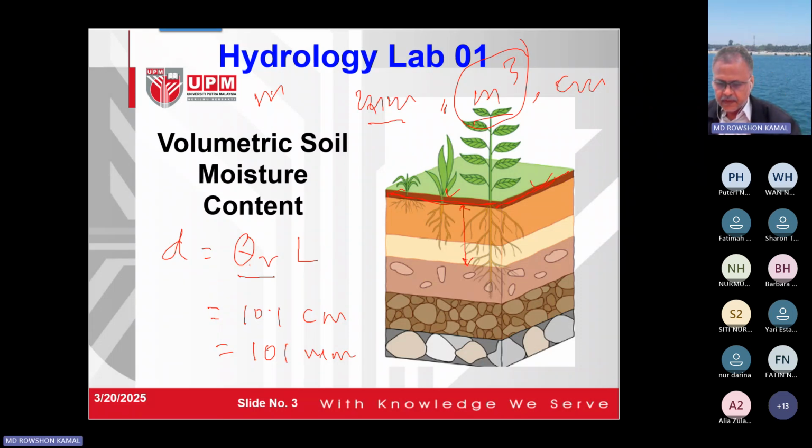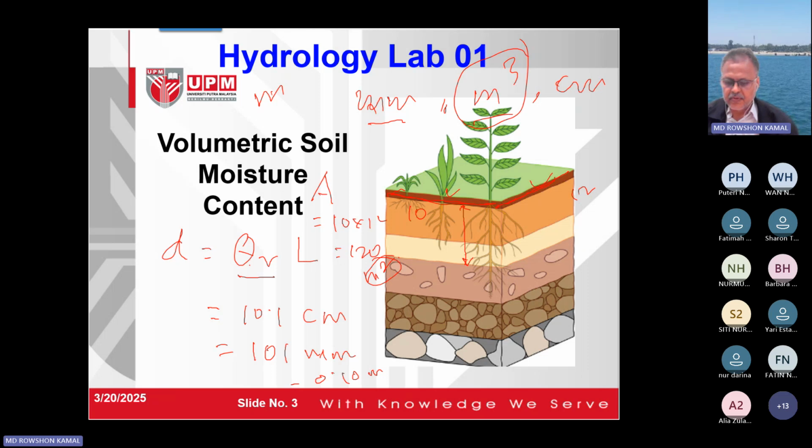So area, I just write here, area equals, let's say here is 10, here is, let's say, 12. So 10 multiply 12, so it is 120 meter square. So this is meter square and this is millimeter. This centimeter, I can make it meter, so it is 0.1 meter.